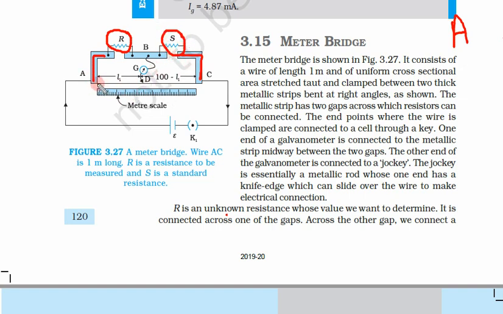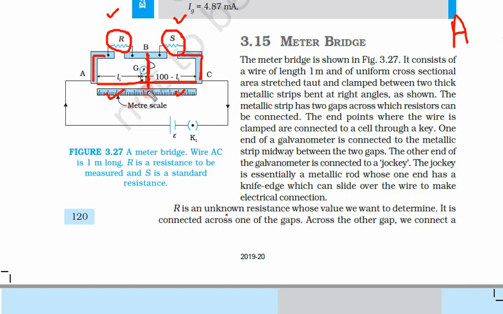Similarly, this wire is a thin wire. So this must have some appreciable resistance because the area is small for this wire. So it has some resistance because of its length and small area. Now we can see that if we place one galvanometer in between, this is one resistance, this is another resistance, this is the third resistance, this is the fourth resistance.